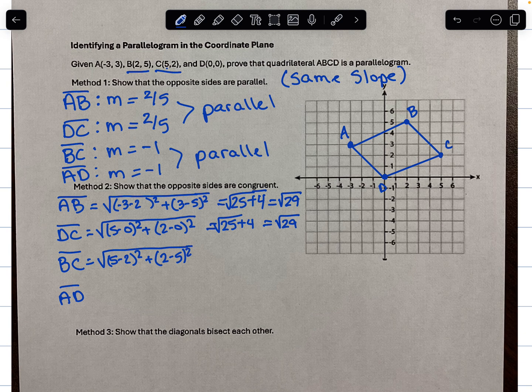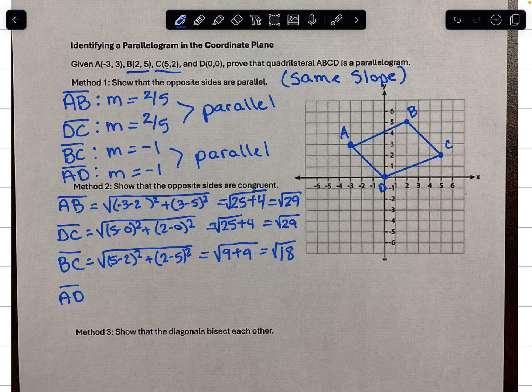But always, whatever you start with, use that same one. Okay? All right, what's 5 minus 2? 3. And 3 squared? 9. What's 2 minus 5? Negative 3. And then negative 3 squared is also 9. Okay? So we get square root of 18.